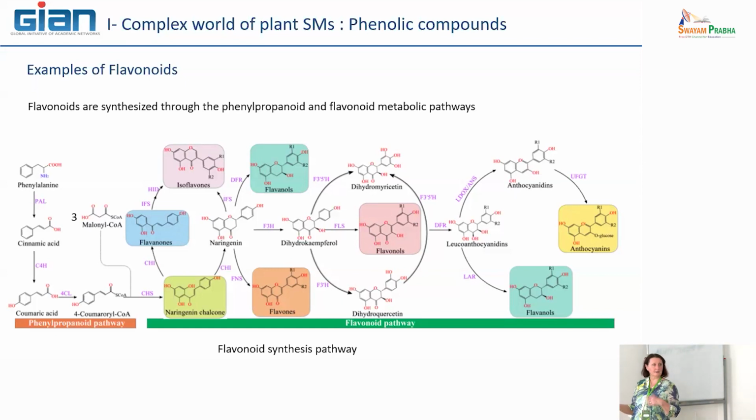And after, from this precursor, you may have several modifications. Here they are illustrated. I don't want to describe the whole thing, but what is interesting in this slide is that each modification is catalyzed by a specific enzyme. Here are the initials of the enzymes that have been characterized to make this modification. So it means that, for example, if I want to produce this molecule in a cell, or in a yeast cell, I need to know all of these enzymes.